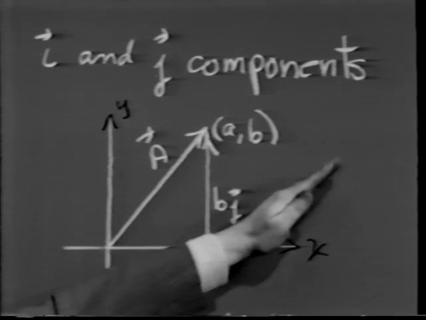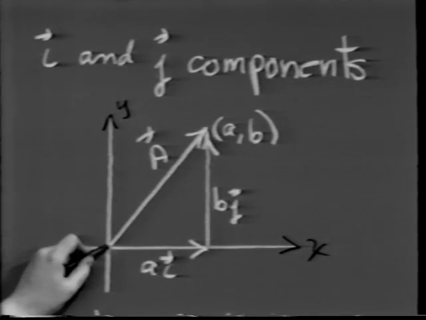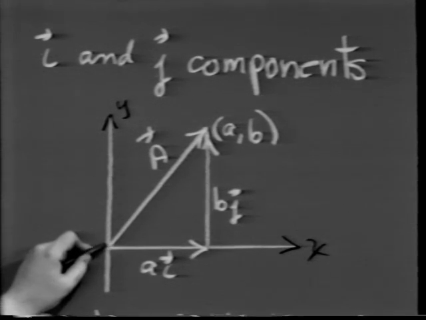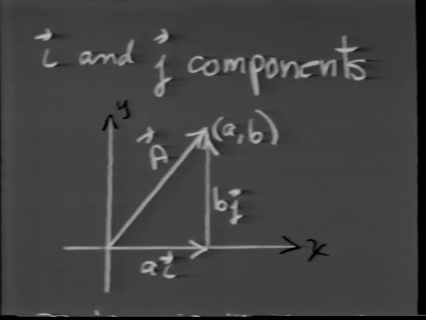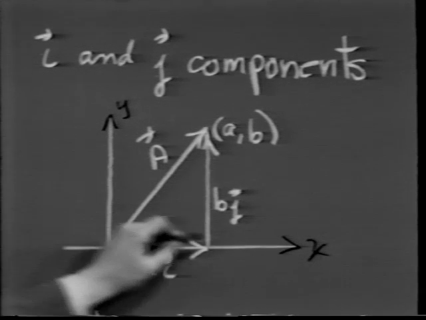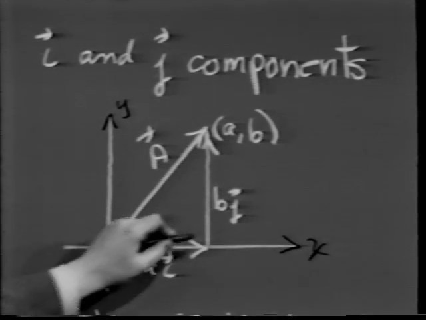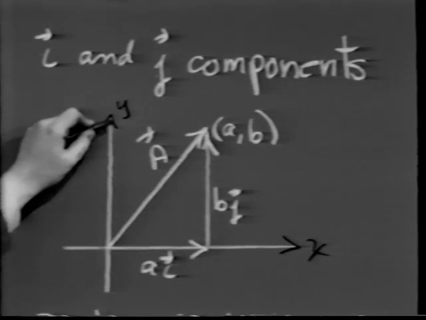So wherever A was in the plane of the blackboard, we can shift it parallel to itself so that its tail starts at the origin. Let's assume that the vector A, the arrow A, which starts at the origin, terminates at the point (a, b). Let i be a unit vector, meaning a vector that has one unit of length in the direction of the positive x-axis. Let j be a unit vector which is in the direction of the positive y-axis.